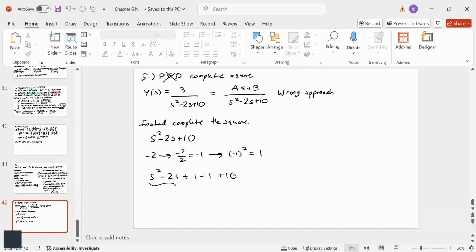And then by the whole process, this is going to factor into something very specific, which is s plus -1, so s minus 1 squared. Okay, that's just by design. And then it's going to be -1 plus 10. So then I get s minus 1 squared plus 9. Like that's my complete the square.